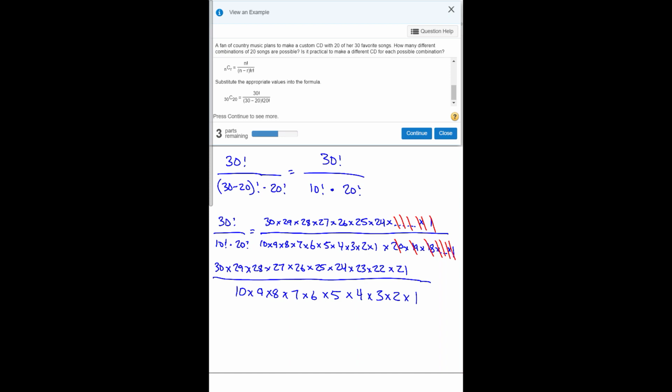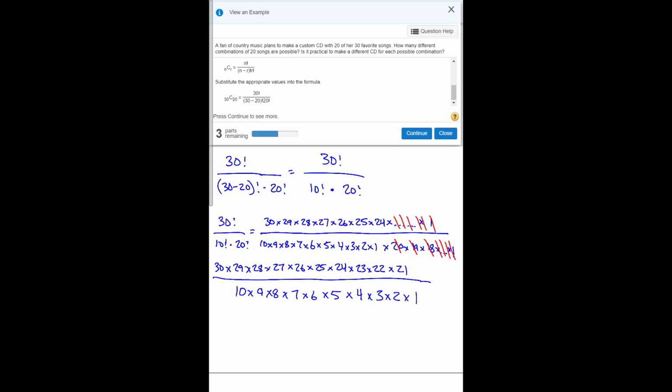You can go ahead and plug that into your calculator. You're going to get a really big number. I will use an online calculator.